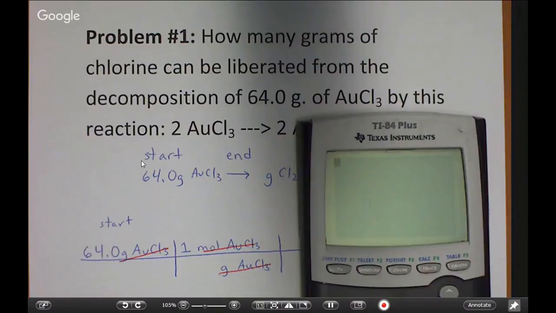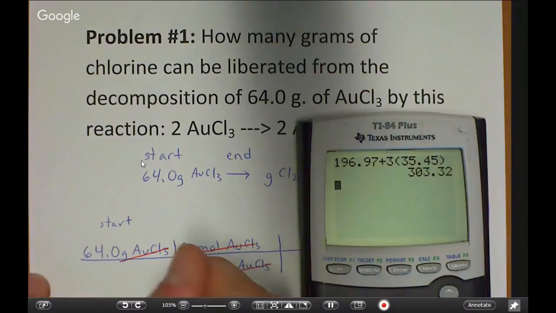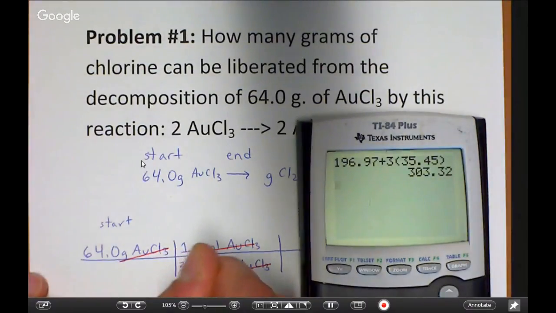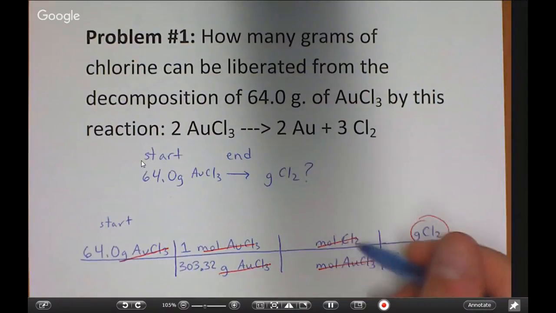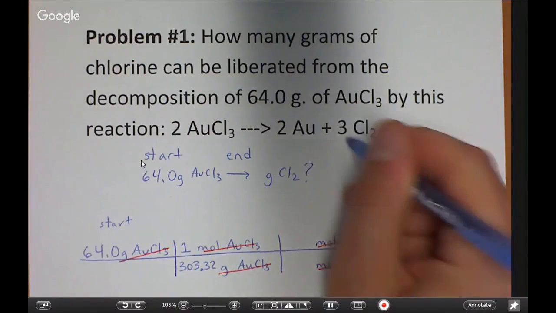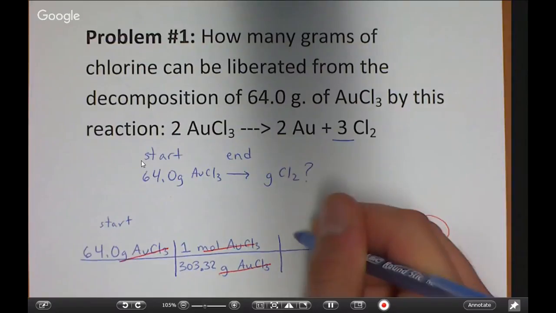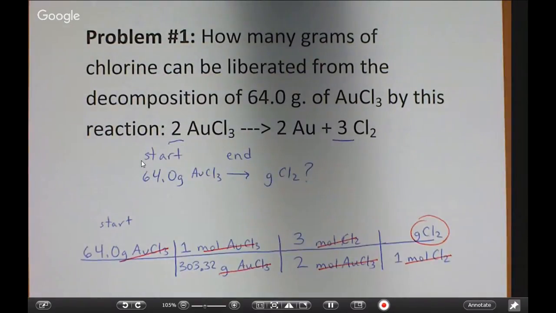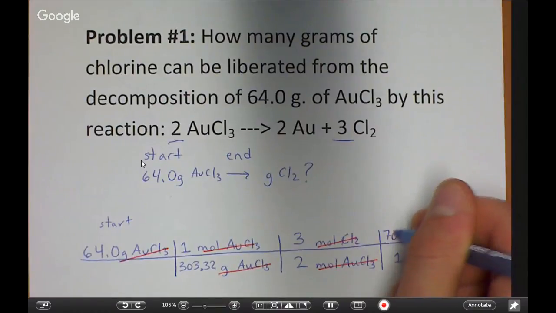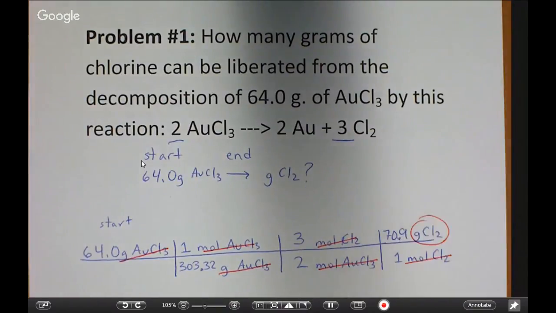Here we have gold 3 chloride, 196.97, plus 3 chlorines, each at 35.45, gets us 303.32. For our mole ratio, according to the balanced equation, there are 3 moles of chlorine for every 2 moles of gold 3 chloride. And then our molar mass of chlorine is 70.9.